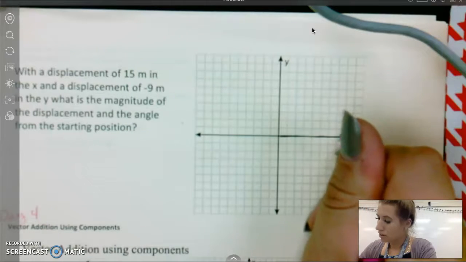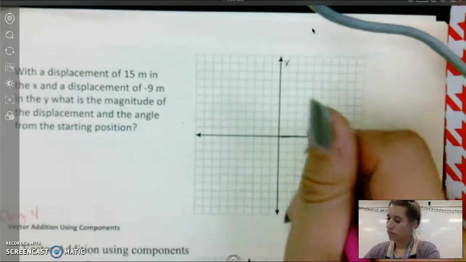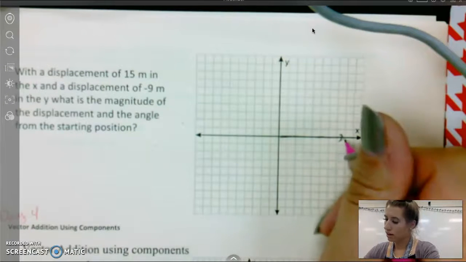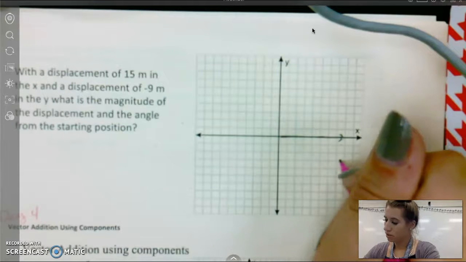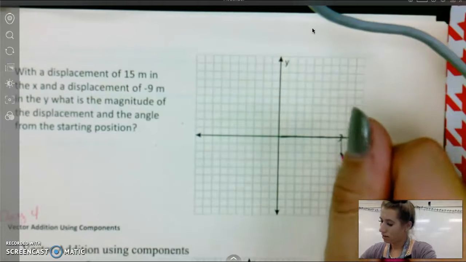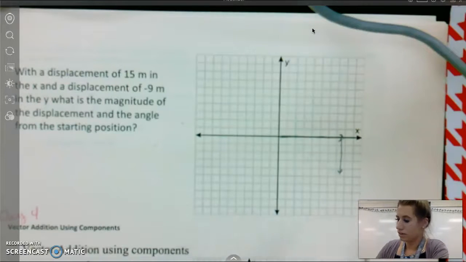That's the x component. So it's displacement. Okay. So now we have negative 9 in the y. So 2, 4, 6, 8, 9 in the y. Okay, now we have a resulting vector here.